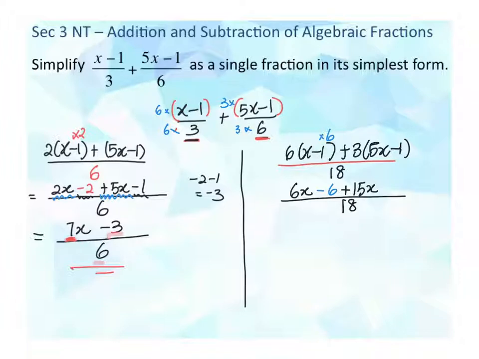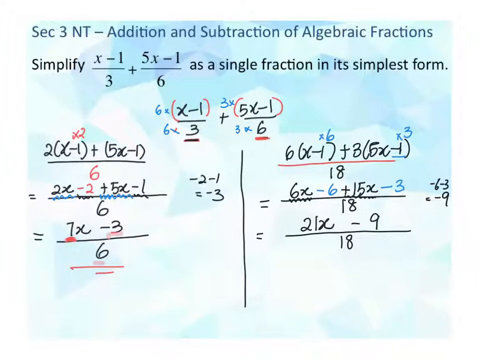Please remember the number at the back also must be multiplied with 3. So this will be minus 3. Now simplifying the numerator with the like terms together. 6x with positive 15x. That gives me 21x. Minus 6 minus 3 gives me minus 9.